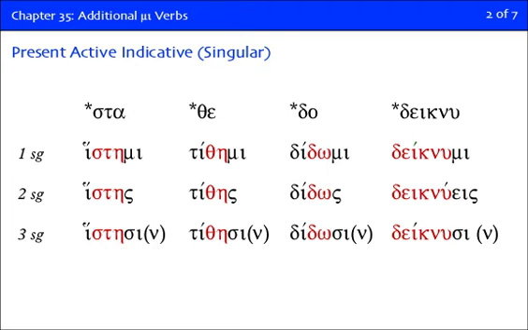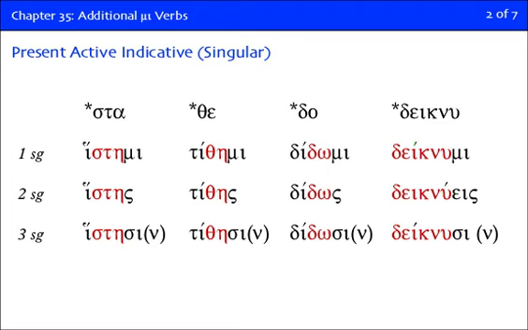So if you were to see that, you would see the theta, long vowel. You would see the reduplicated tau and the iota, that tells you it's the present tense system. And you have the sigma, which tells you it's second person singular. Tithesi, same thing that you have with didosi, right? It's really important that you see it's the same thing that's happening. Otherwise, you have to just memorize these things, and they're a pain in the neck.